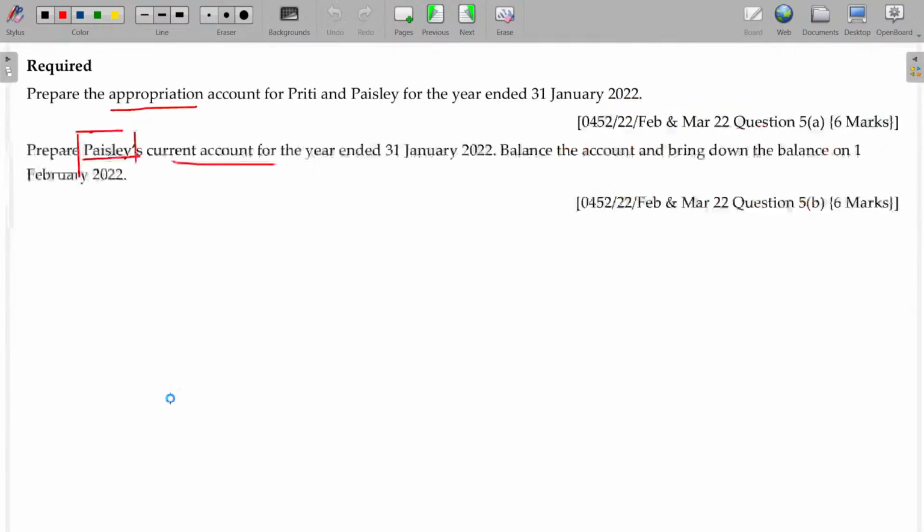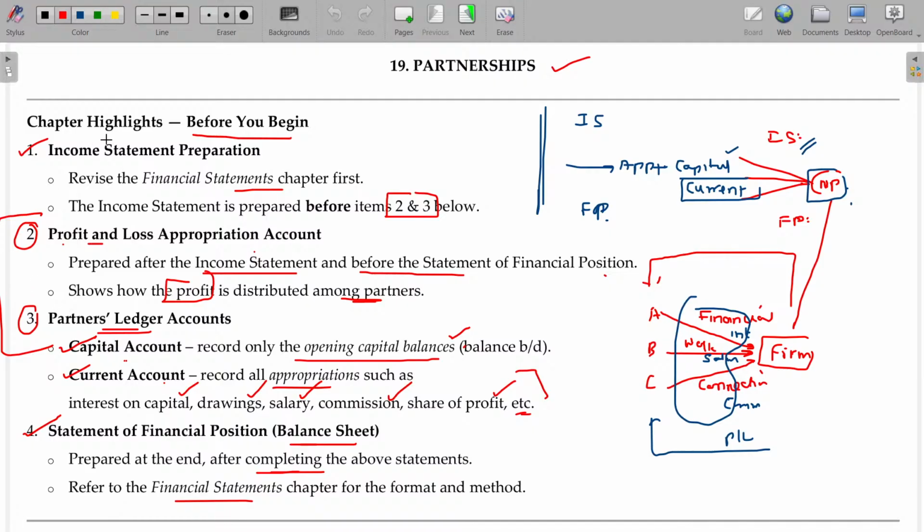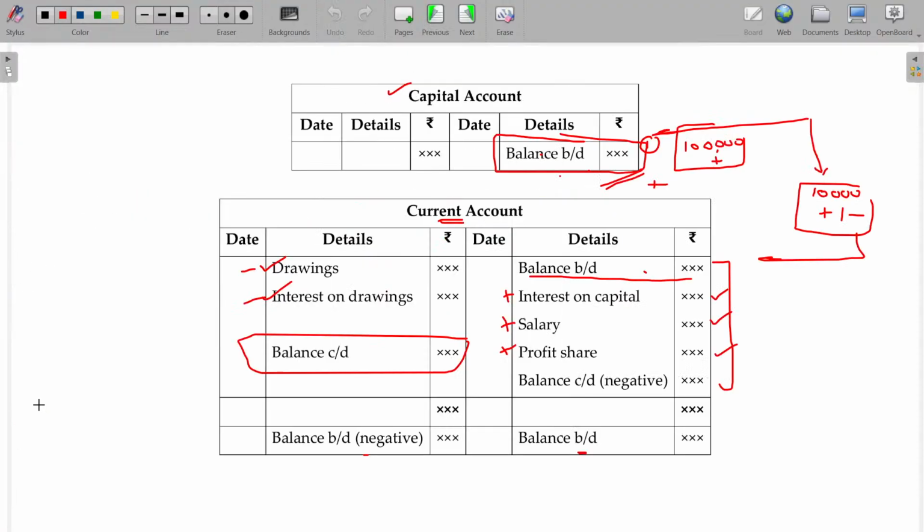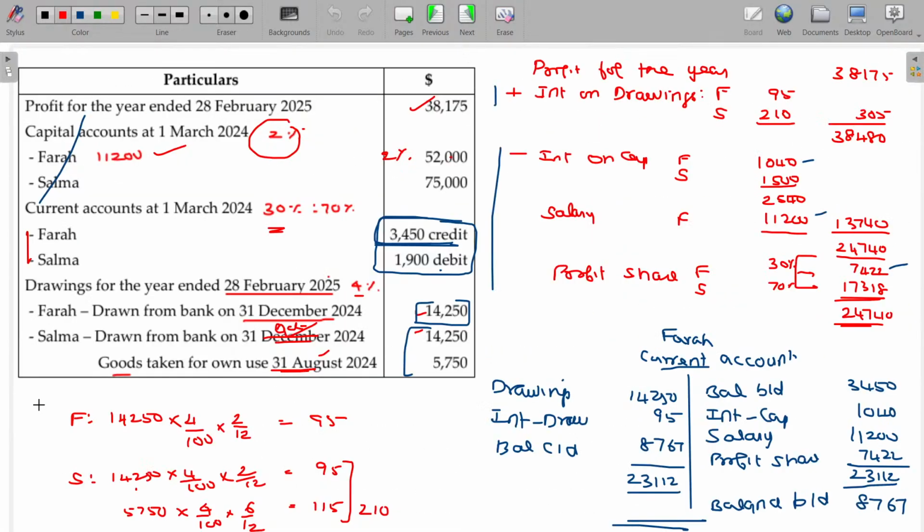As I already told you, you have to prepare the income statement before this appropriation. So this is the first step, this is the second step. Usually we come across these two only, profit and loss appropriation account and partners capital account. Okay, in some advanced level problems we include this one also and this one also. So now this illustration, question number 6.